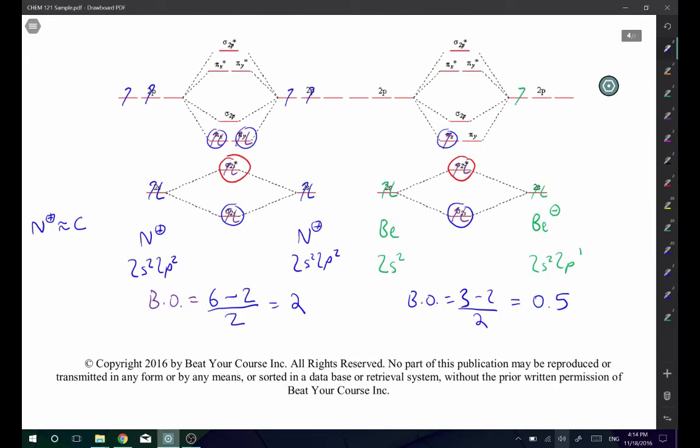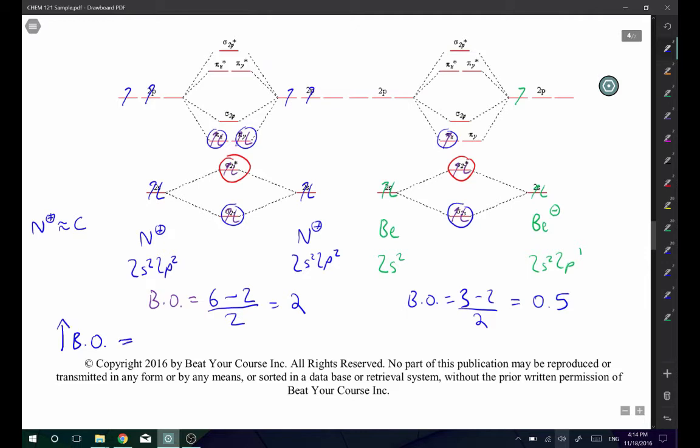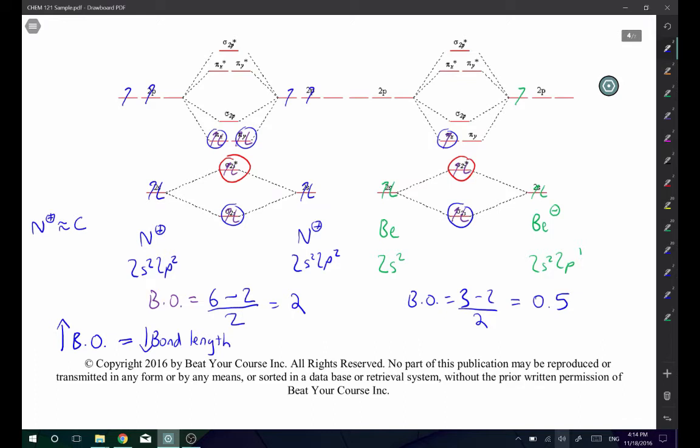Now, one way they might try and trick you, that you should bear in mind, if the bond order increases, then the bond length will decrease. And that should make sense. If you have a strong bond, you have a strong interaction, and anything with strong interaction will want to get closer to one another. So they might skip the bond order and ask you about the bond length. And that's easy enough.